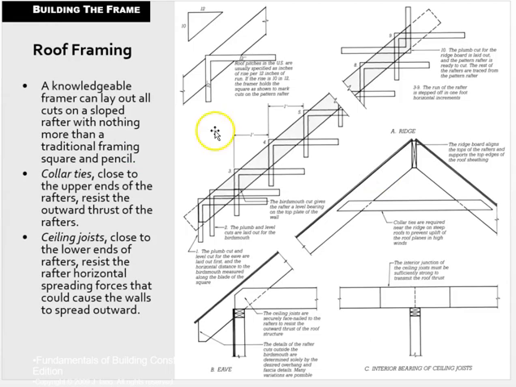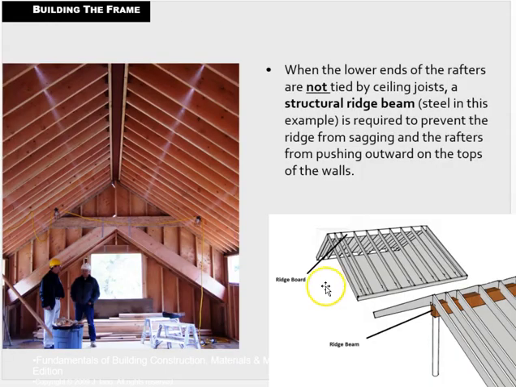Okay, I'm going to keep moving on, and that's in contrast to the next slide. So here is our ridge board being held in place in compression, in contrast to a ridge beam. Here we have our rafters resting on the beam, and that's because we've eliminated the collar ties and we've eliminated the ceiling joists.